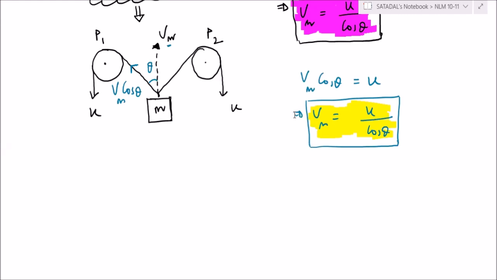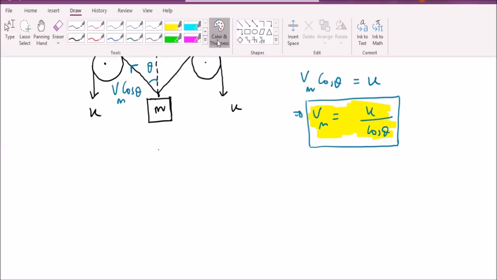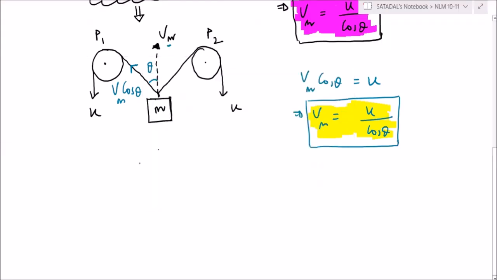What is the relative velocity along the string? It has to be zero only, no? So what is coming to be the relative velocity along the string? If this is the string, in this direction you are getting VM cos theta. In this direction only you are getting U. So relative velocity is U minus VM cos theta is equal to 0. Understood, sir.